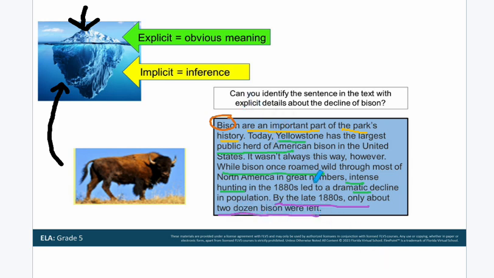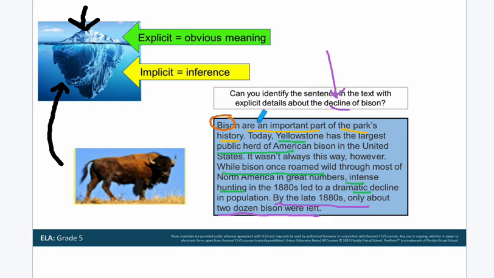So I have 3 different pieces of evidence that talk about the decline of bison. Okay. So I can now look at, are there specific details that talk about the decline? Yes. My topic, bison, is explicit. I know it's explicit, but I know I have to infer what my main idea is.